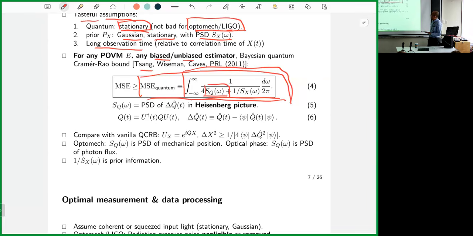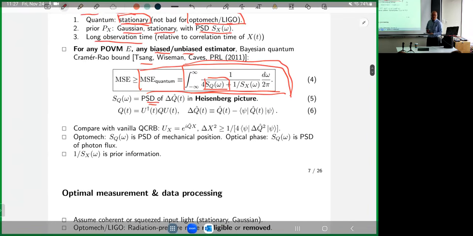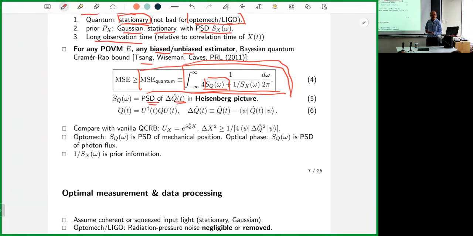This is the important quantity. It's the power spectral density of the generator in the Heisenberg picture. It just turns out that if you apply the formalism to the dynamical system, this quantity just pops up in your bound. So the Heisenberg picture somehow naturally comes up in the problem.